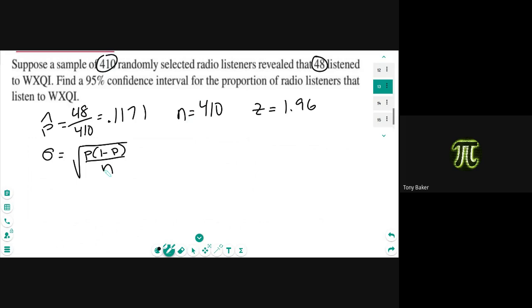That's the formula. So remember, we're not changing those formulas. Those formulas that we used before are still being used. Okay, so in this case, we've got the square root of 0.1171 times 1 minus 0.1171 over 410.